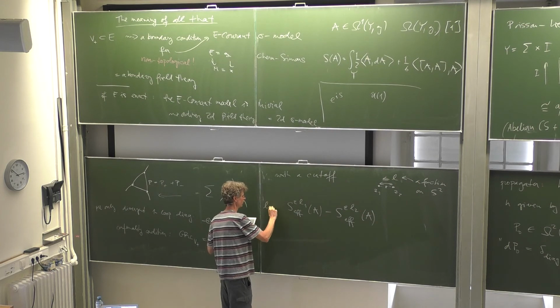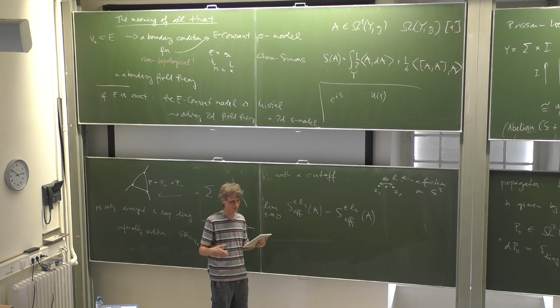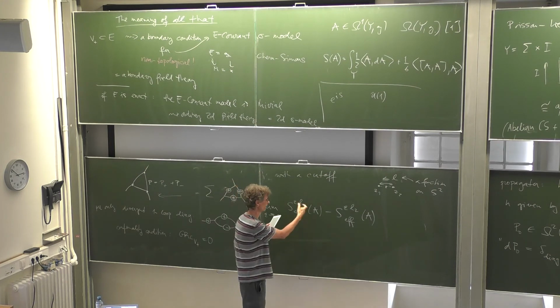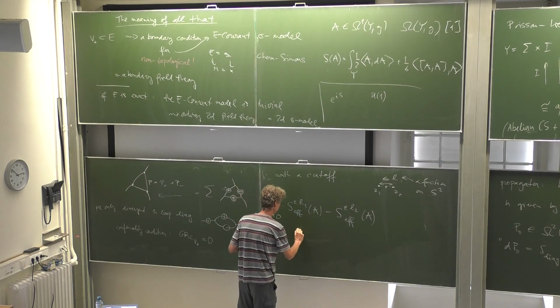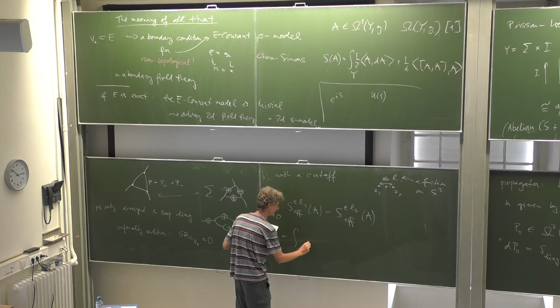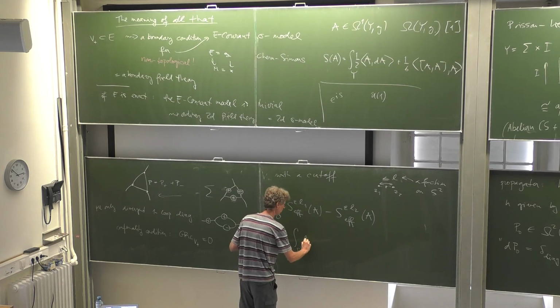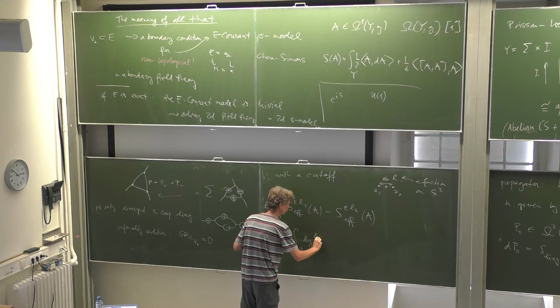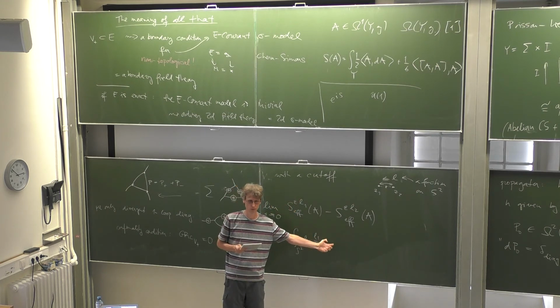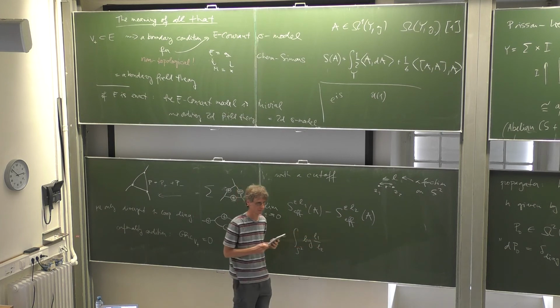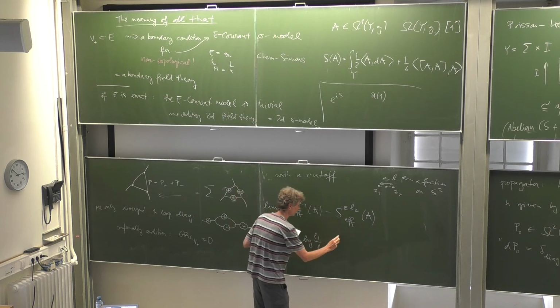We'll take the limit epsilon goes to 0, because we want to take the limit when the cutoff goes to 0. So this will depend on those two cutoffs, L1 and L2, as it should. It is an integral over S2 of the logarithm of L1 divided by L2 times something, which is called the Weil anomaly. So what is that something?